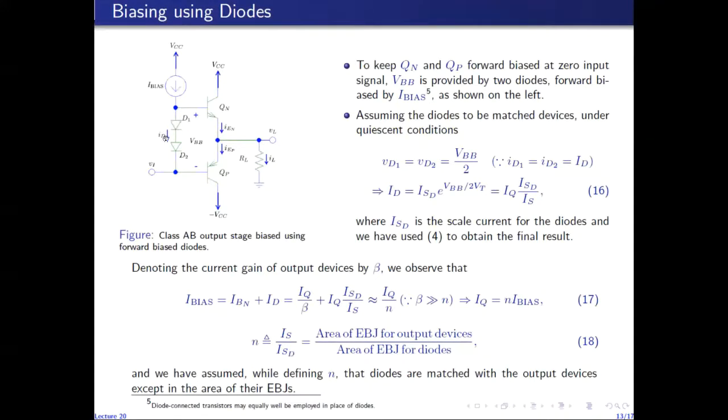So if we assume that the current through the diodes is not changing appreciably, is almost constant, then an increase in temperature of the diodes will reduce their forward bias voltage. So when the temperature of the output devices is increasing, collector current is increasing, the temperature of the diodes also increases if the diodes are in thermal vicinity of the output devices, which will reduce their forward bias voltage.